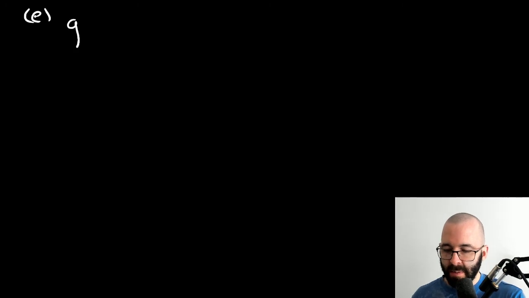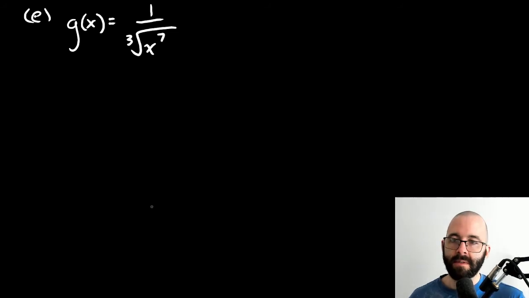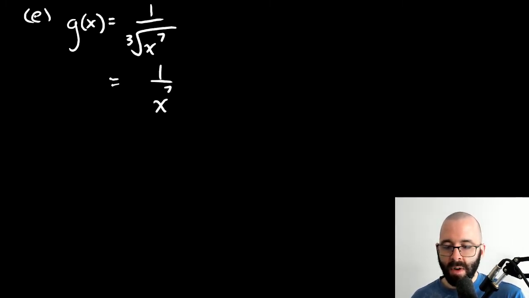Let's do one more for good measure. Really toss everything in together. 1 over the cube root of x to the 7th. In order to use the power rule, we have to write it in the right form. So remember rational exponents. The exponent is the numerator, and the index is the denominator.